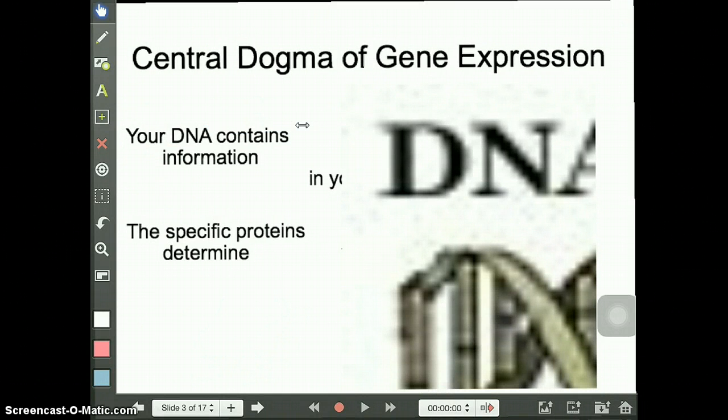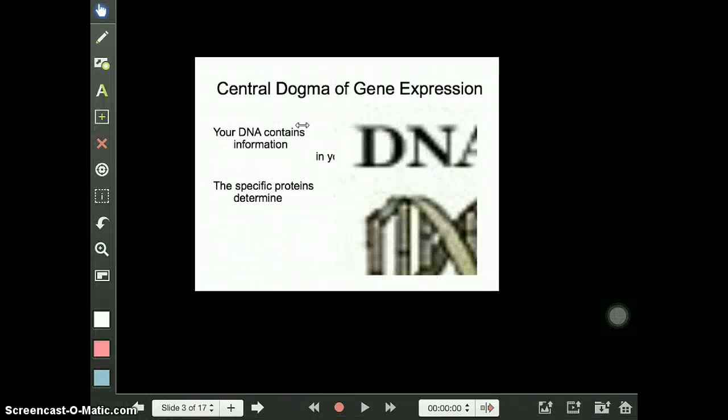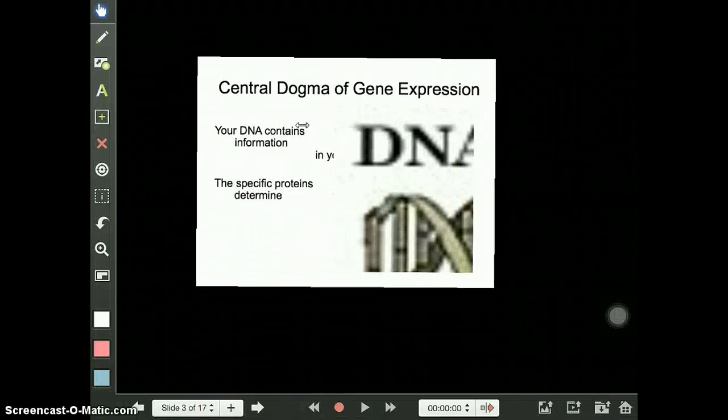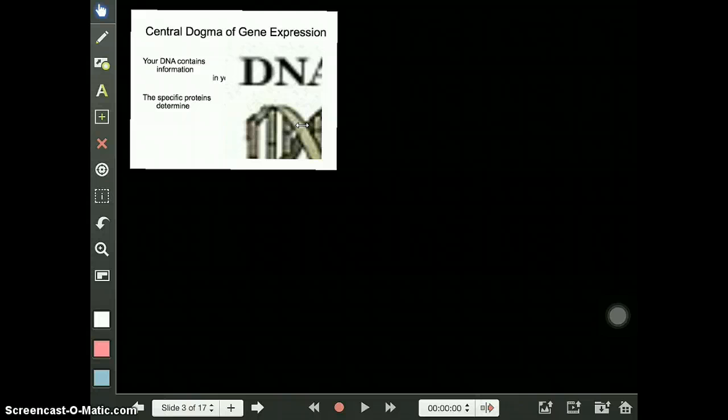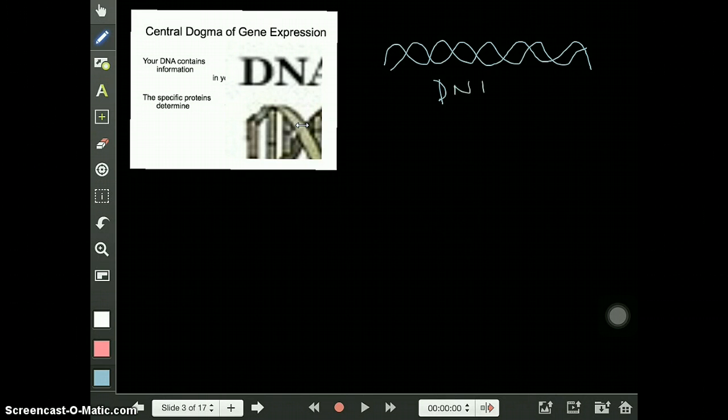Let's go on to the next step. It's called the central dogma of DNA. This picture doesn't do a very good job of showing it, but the main idea is going from our two-stranded DNA, and I'm just going to draw it on its side. We convert DNA into an RNA message, which is one-stranded, so from two strands to one strand.